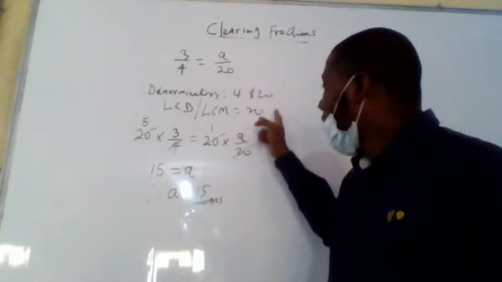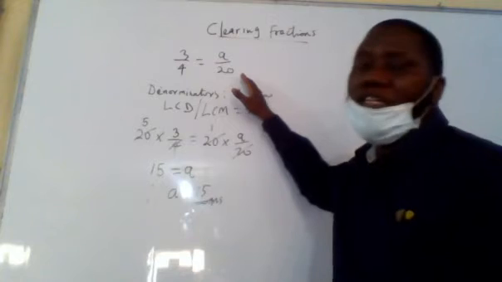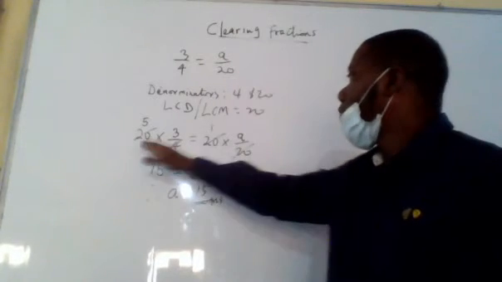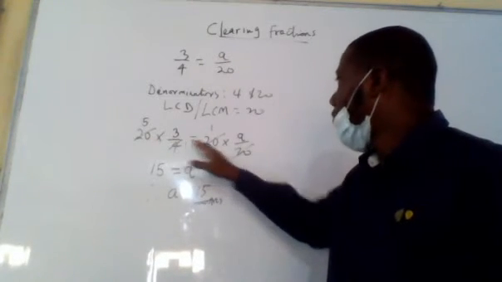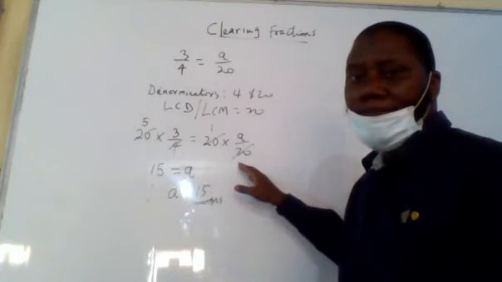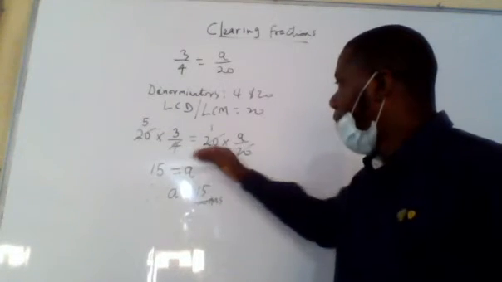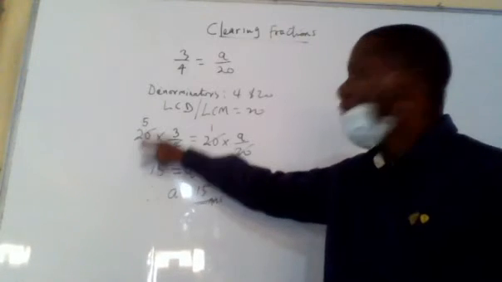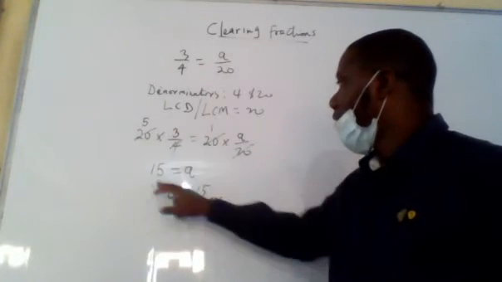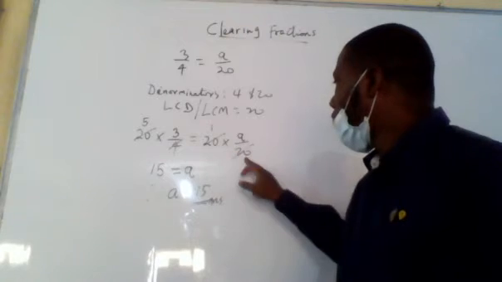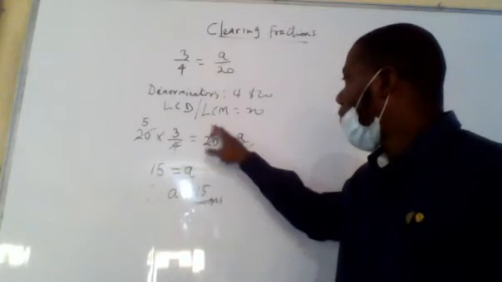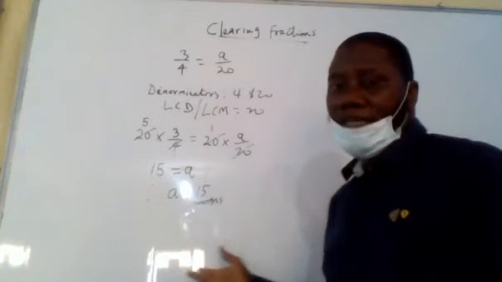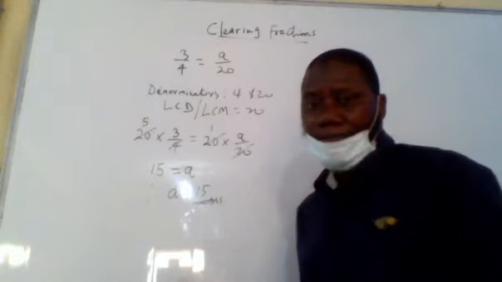Then we use that 20 to multiply each of the terms in the equation. So that will be 20 times 3 over 4 equals 20 times a over 20. So where you will be having problems is here. When this 4 goes into 20, you have 5. 5 times 3, you have 15. When this 20 goes into 20, you have 1. 1 times a, you have a. And that is the end of that solution. Okay?